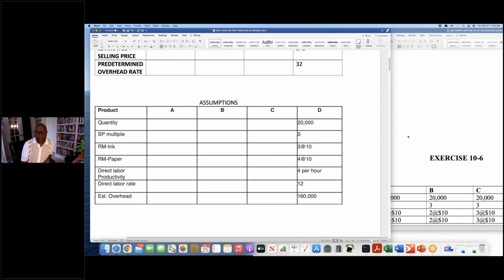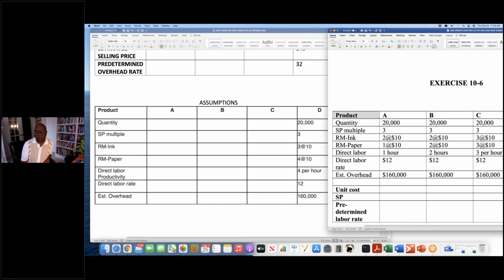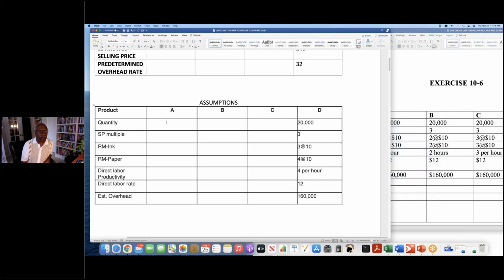So we got to get our assumptions in. For quantity, I got 20,000. Tell me about these assumptions I just placed in there. So the quantity is how much product it is, and then our selling price is 3.